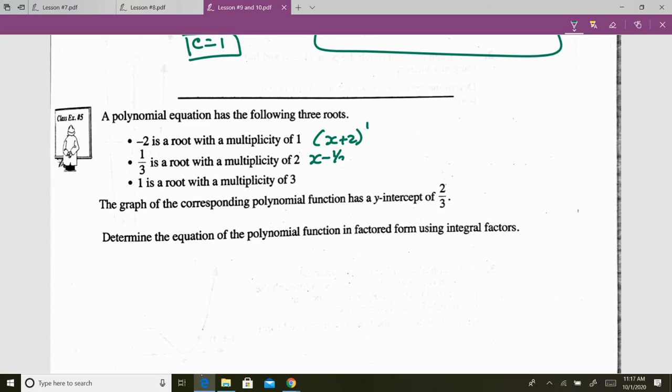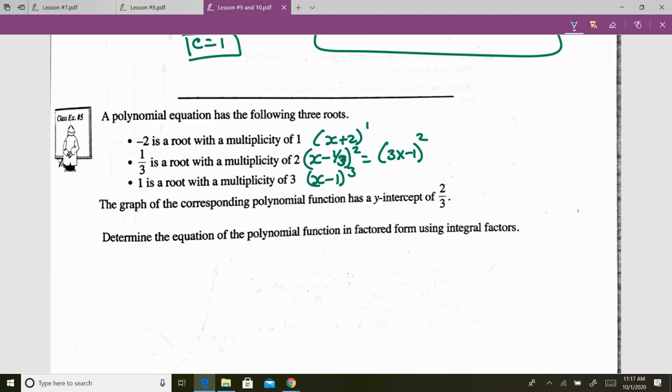So you would write, that's a 3, like that. But how do I write it without a fraction? 3x minus 1, all squared still, because it has a multiplicity of 2. And 1 is a root with a multiplicity of 3, so that's x minus 1 cubed.